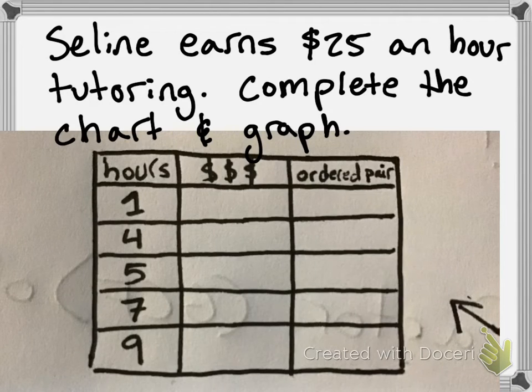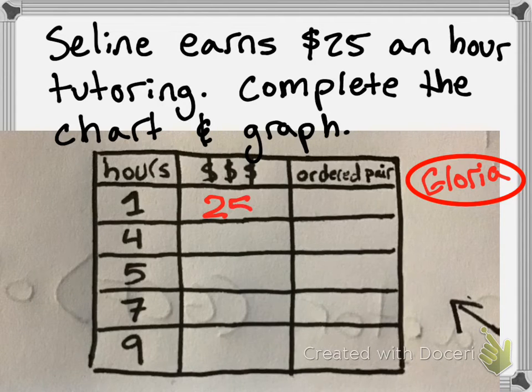Okay. Celine earns $25 an hour tutoring. I want you to complete the chart, and on the next page, we have the graph. Gloria is going to be our teacher right now. So she's going to fill out the chart accurately. Let's watch. Check to make sure you did it.